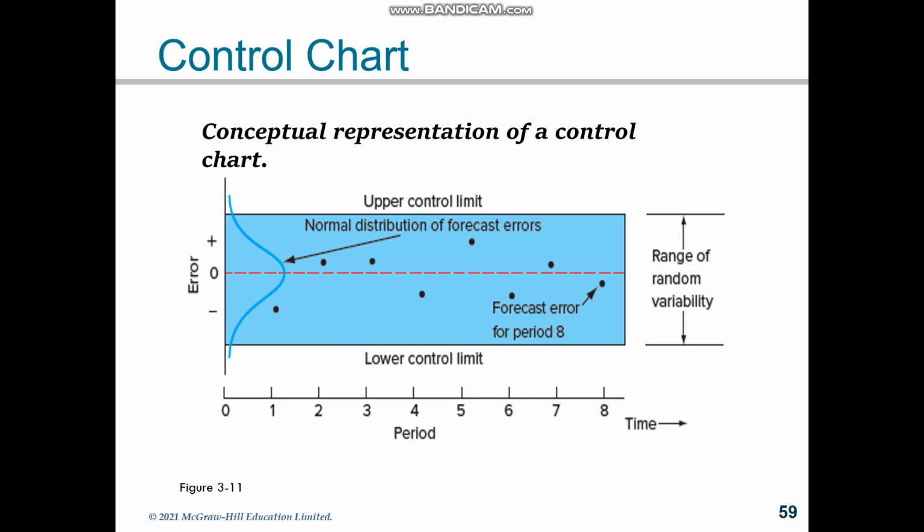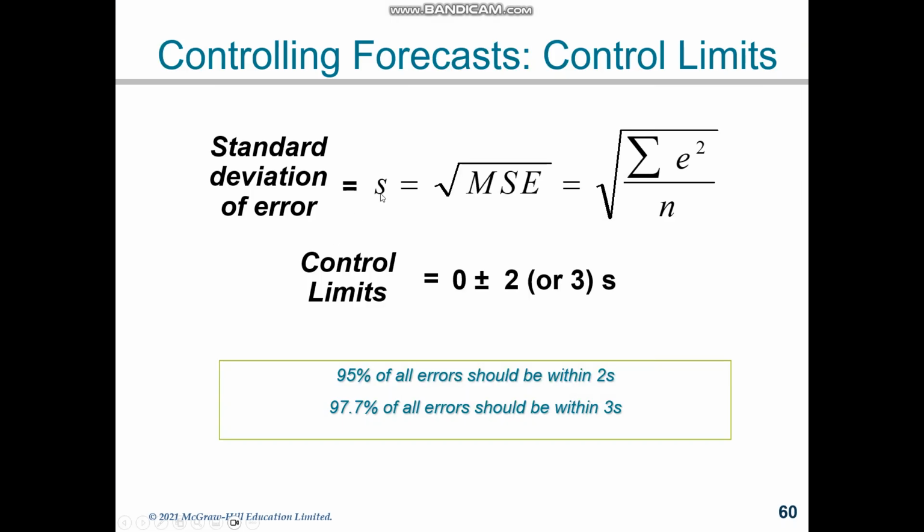But how to calculate the upper and lower control limit for this method? There is a formula to calculate this one, and this formula is based on normal distribution. We consider that the forecasting process errors follow a normal distribution, and we use this formula.